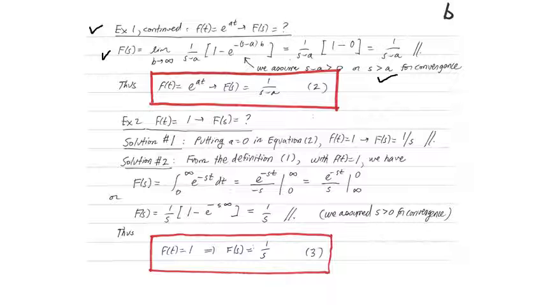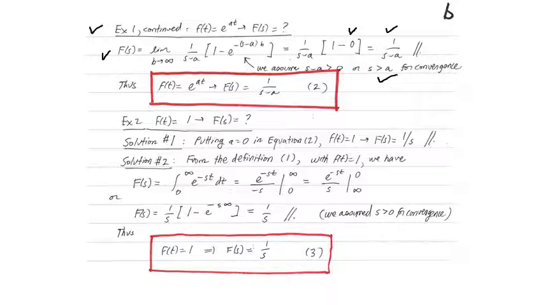So if b is approaching infinity and s minus a is any positive number, then the limit of that term is just going to be 0. And so we end up with 1 over s minus a for our Laplace transform.